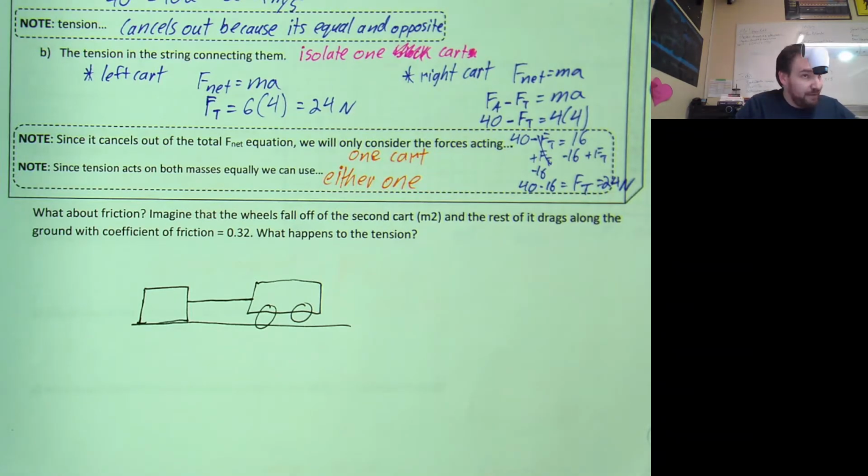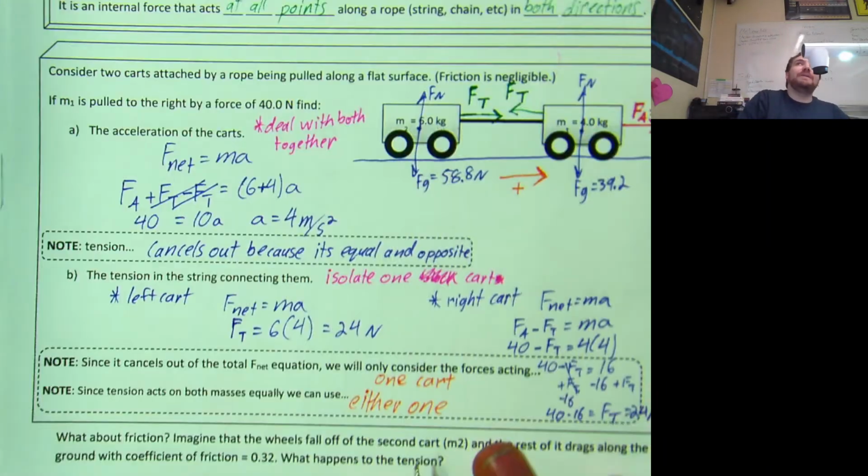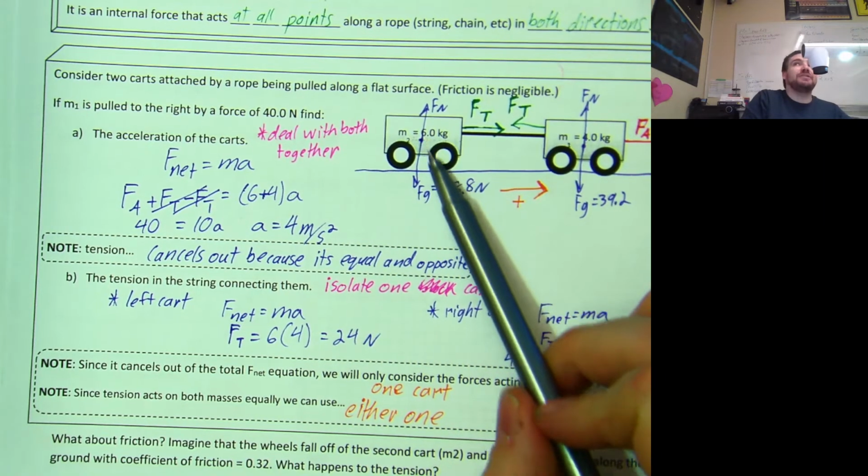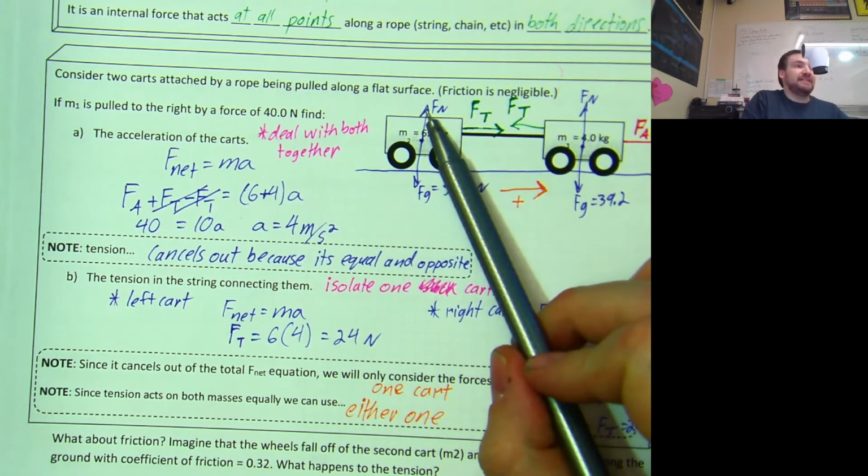Well, friction, but even before then, what did we say? Before we don't need those values, but now we need them. Yes, thank you. Because these wheels are now gone, this thing is going to be sliding. We absolutely have to include Fg and Fn, because that's going to give us our value for friction, right?